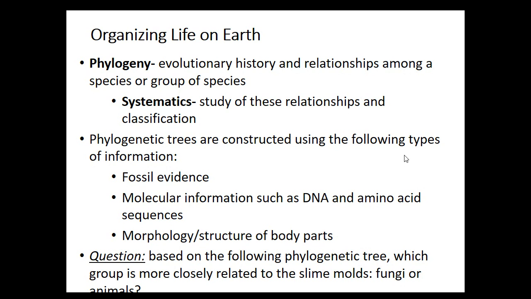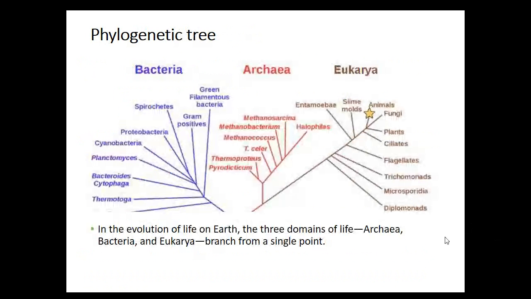Question there, it says, based on the following phylogenetic tree, which group is more closely related to the slime molds, fungi or animals? So there's the slime molds, there's the animals, and there's the fungi.